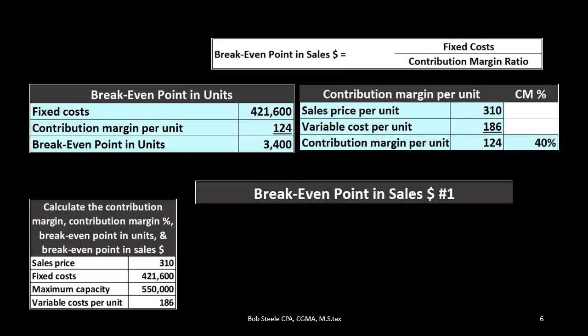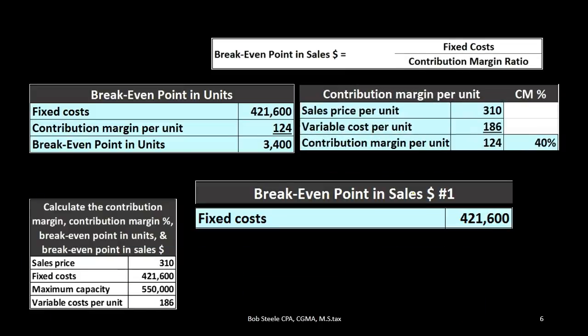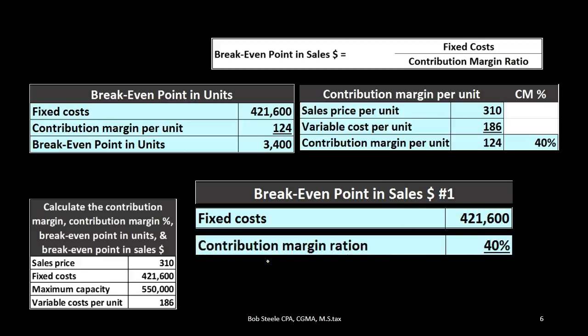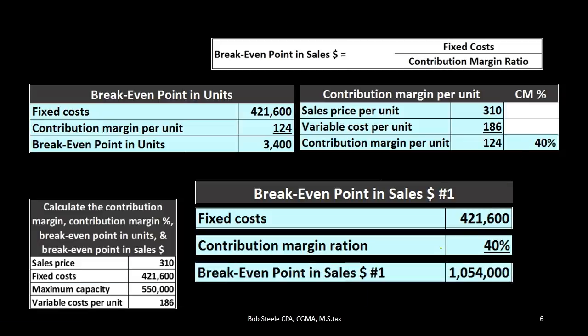If we take our calculation up here and calculate the break-even point in sales dollars, we could start with the fixed costs, as we did last time, 421,600, and divide by not just the contribution margin, but the contribution margin ratio, which remember was the 40%, calculated as the contribution margin per unit, 124, divided by the sales per unit, 310. Therefore, we have a contribution margin of 40%. So the fixed cost divided by the contribution margin ratio would give us the break-even point in terms of dollars.